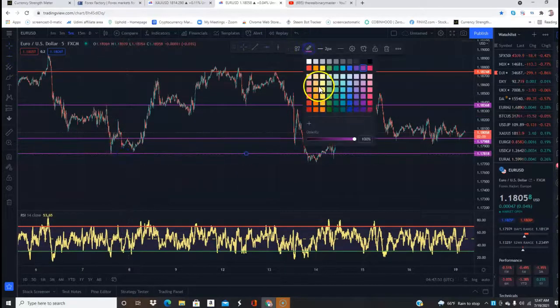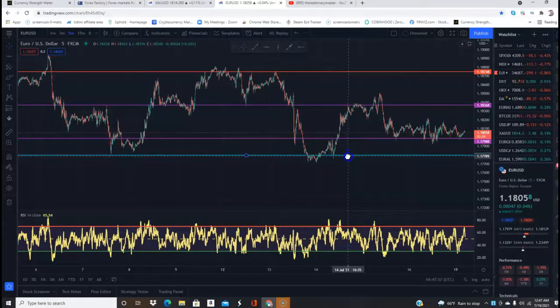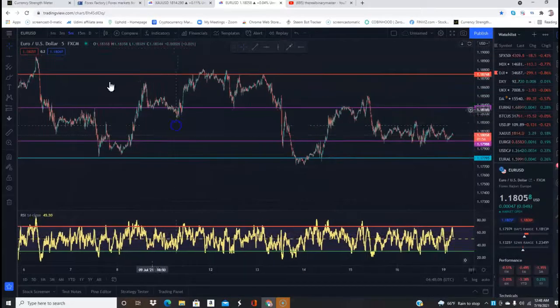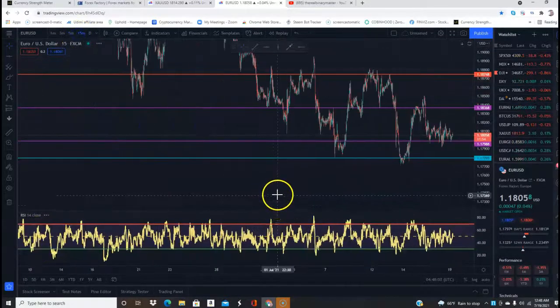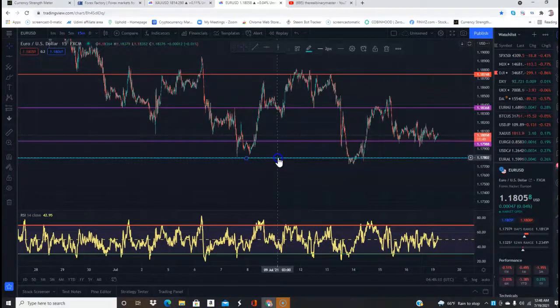Let's see something real quick. When in doubt, check to the left. Right here we can't see any price action, so we're going to go up to the 15 minute time frame. Okay, so yeah, this is going to be the support area.